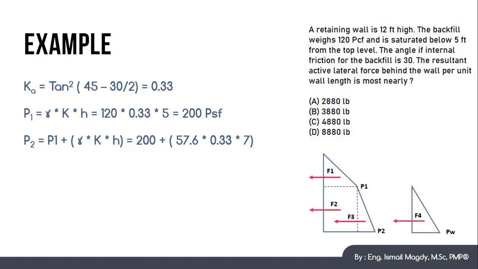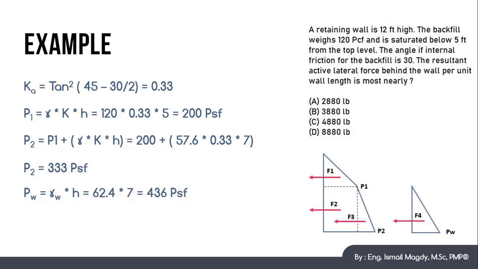So it will be 57.6 multiplied by 0.33 multiplied by 7, which will equal 333 pounds per square foot. And P water will equal gamma water multiplied by H, which will be 62.4 multiplied by 7, which equals 433 pounds per square foot.